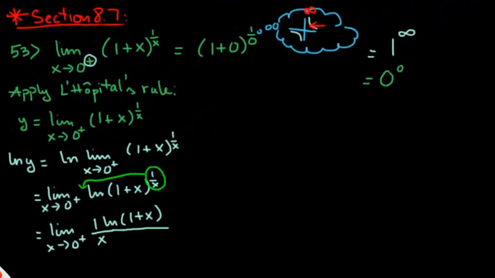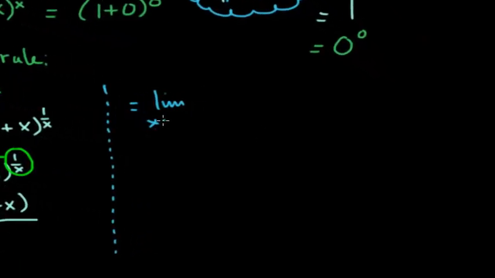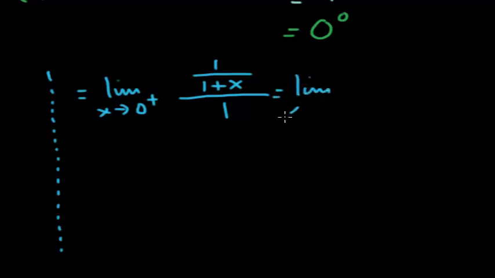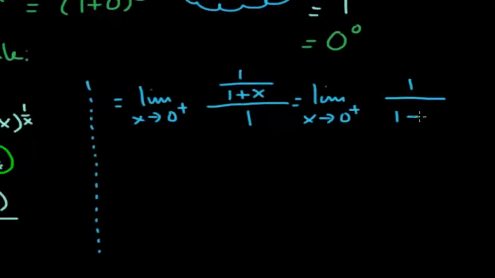Then we take the derivative on the top and the derivative on the bottom. So that equals the limit as x approaches 0 from the positive side. The derivative of the logarithm on top is 1 over 1 + x, over the derivative at the bottom, where x gives 1. That can be rewritten as the limit of 1 over 1 + x.